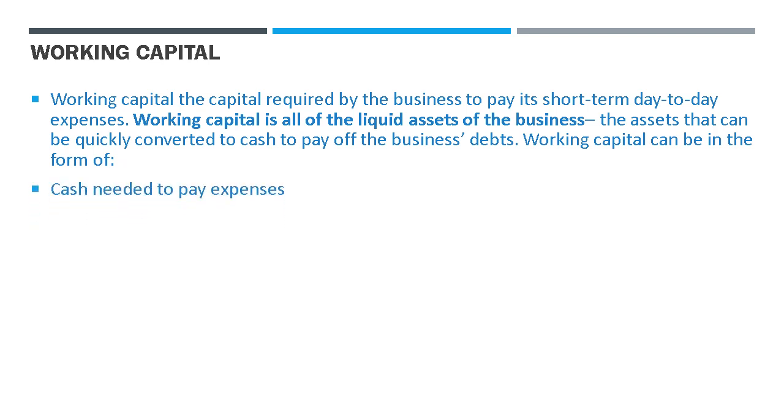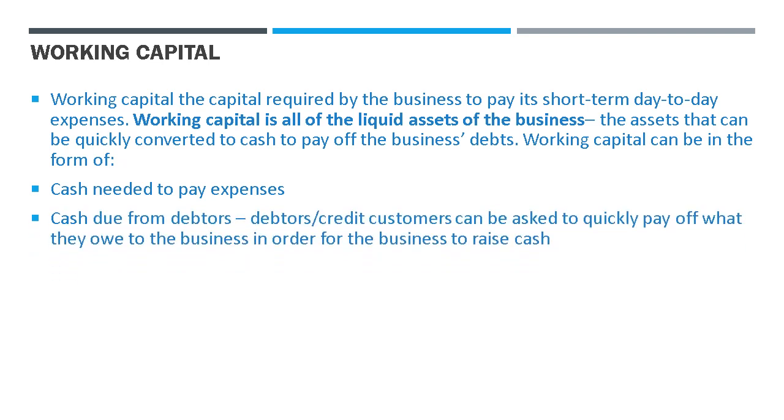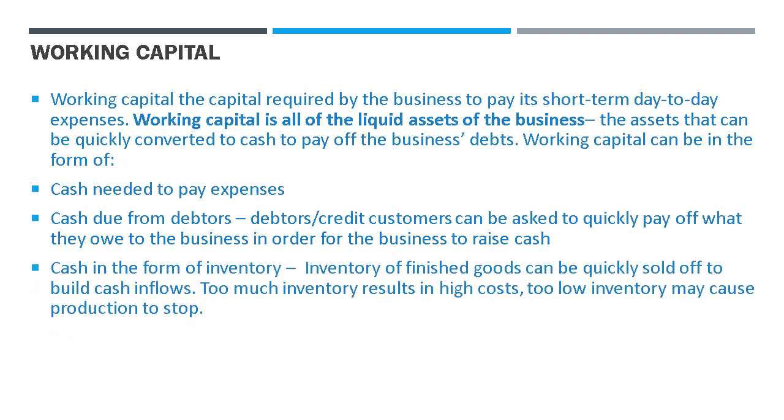Working capital can be in the form of cash at hand, which is needed to pay expenses, for example, employees' wages and salaries, electricity bills, gas bills, etc. Cash due from debtors. Debtors are the customers of the business who have purchased the finished goods and the payments are yet to be made. And cash in the form of inventory. Inventory of finished goods can be quickly sold off to build cash inflows.